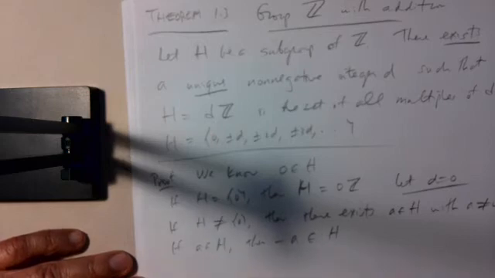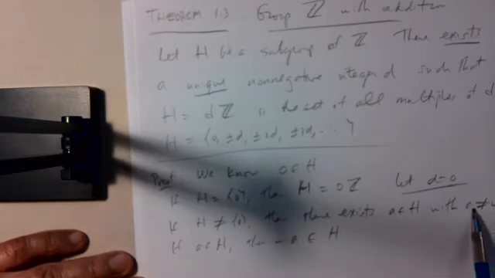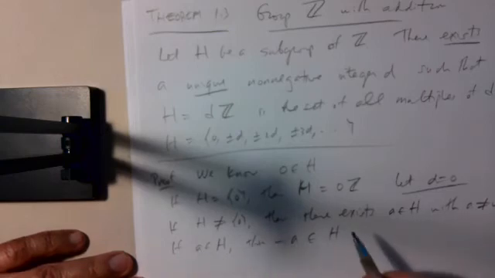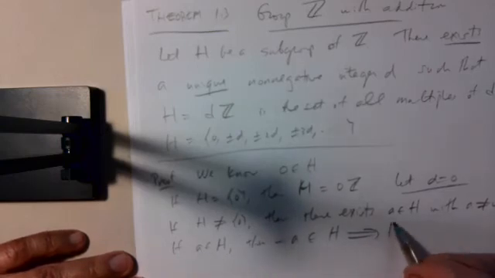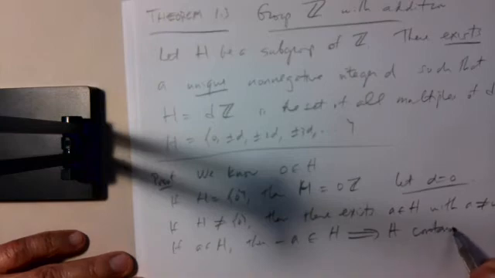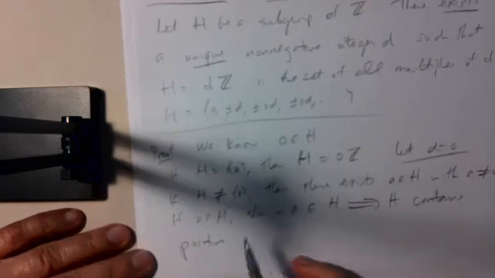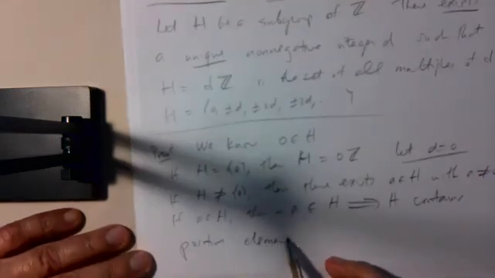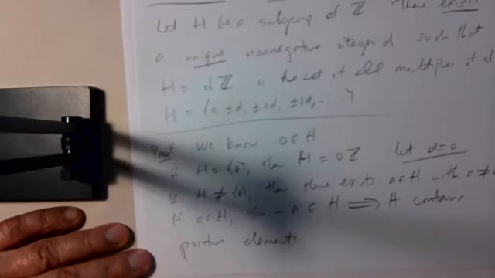It contains the negative of each of its elements. If A is negative, minus A is positive. So there's a non-zero element A such that both A and minus A are in H, and this implies H contains positive elements. All right. There exist elements in H which are strictly greater than 0.